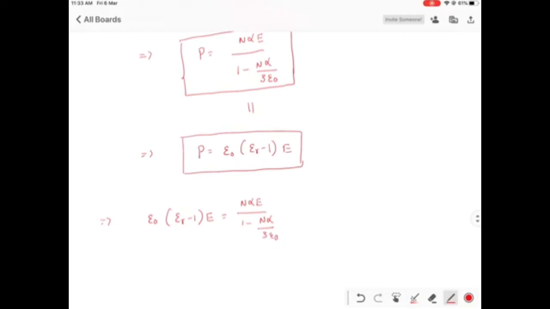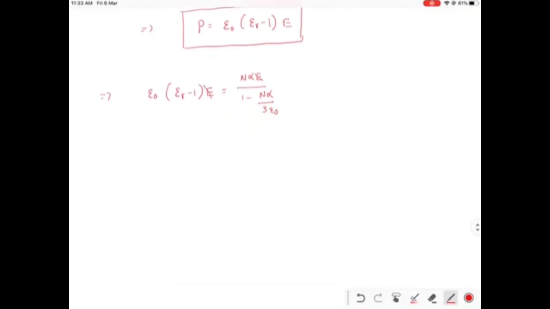With a small change in the equation, it can be written that 1 minus N alpha by 3 epsilon naught is equal to N alpha E by epsilon naught into epsilon r minus 1.